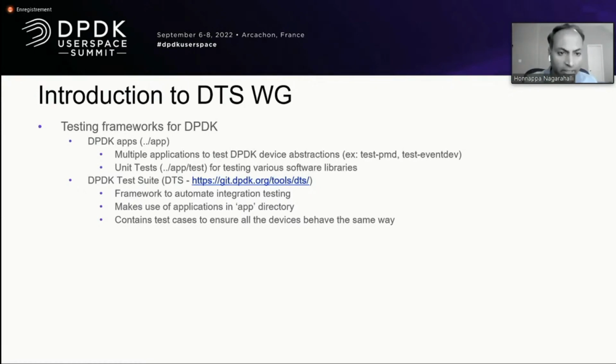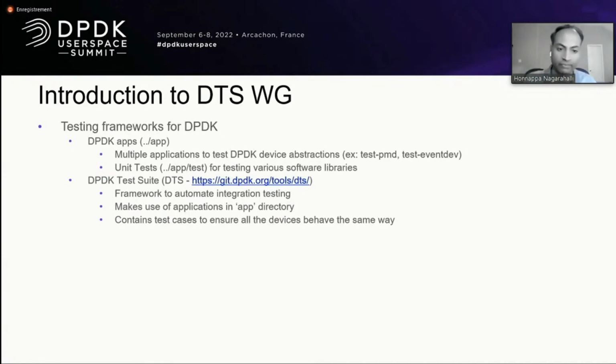We also have another testing framework. We call it the DPDK test suite. This is the framework to automate integration testing. It makes use of the applications in the app directory. It contains test cases that make sure that all the devices that are supported in DPDK behave the same way.